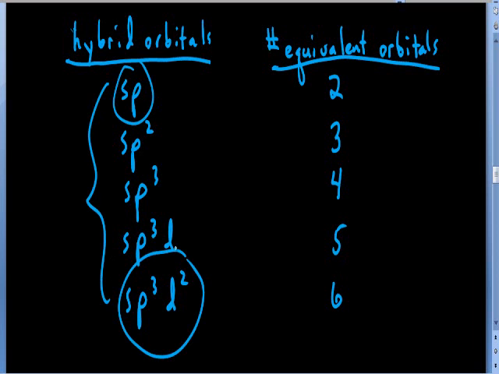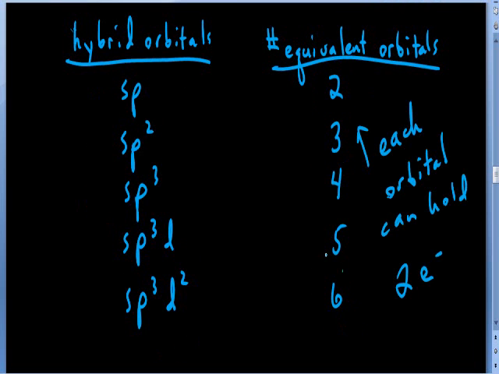The hybrid orbital scheme is figured based on the number of equivalent orbitals we need in our molecule. For example, sp gives us 2 equivalent orbitals, sp3 provides 4 equivalent orbitals, and sp3d2 provides 6 equivalent orbitals for our molecular structure.